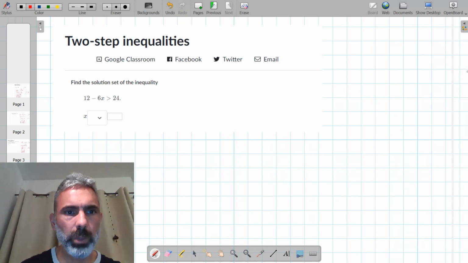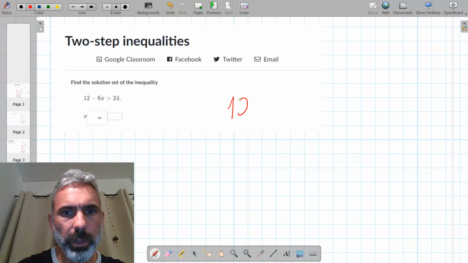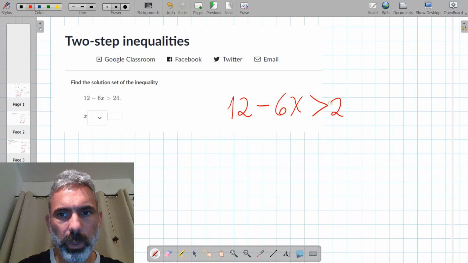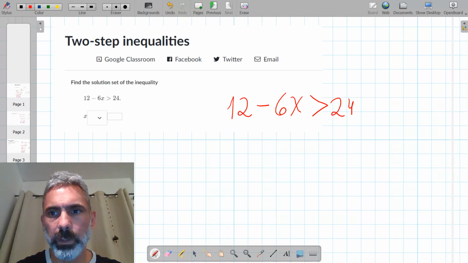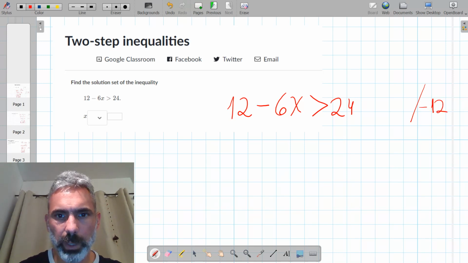Okay, so the inequality says 12 minus 6x is greater than 24. So first I will eliminate the 12 from the left hand side of the inequality. So I subtract 12 from both sides.